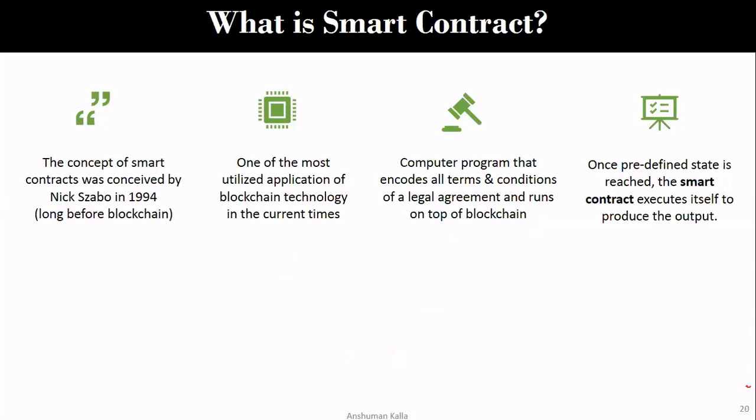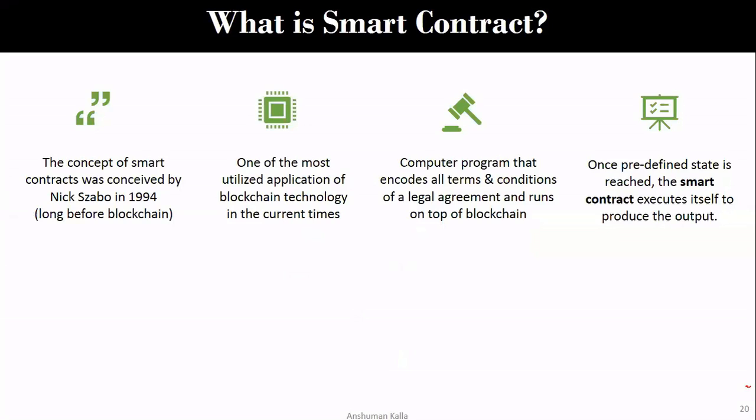All right, so as I said before, blockchain technology has not come up altogether new. It is, I would say, a result of many different concepts that have evolved over the years, right?